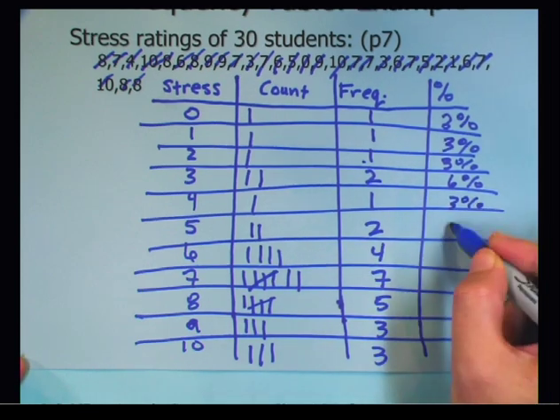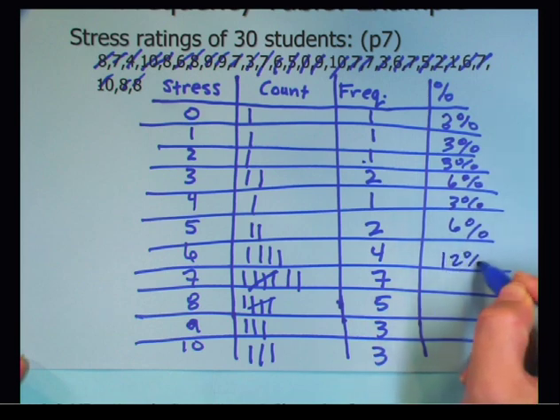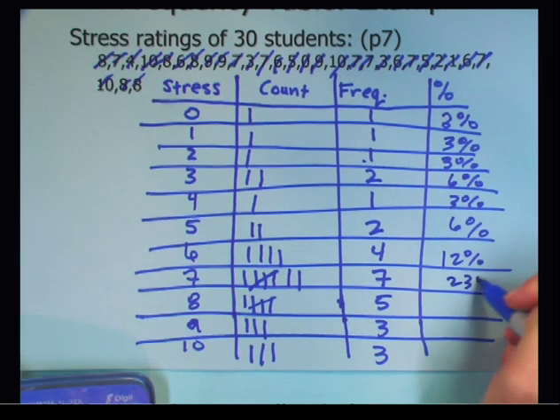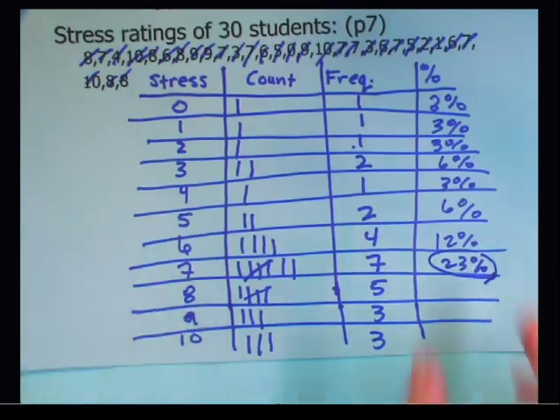3%, 6%. I'm guessing this is going to be 12%. 7 divided by 30 is 23%. So you see we have 23% that most of your people fell into this 7 category.